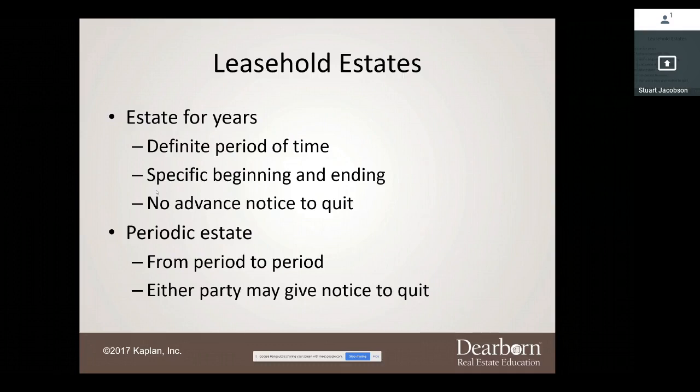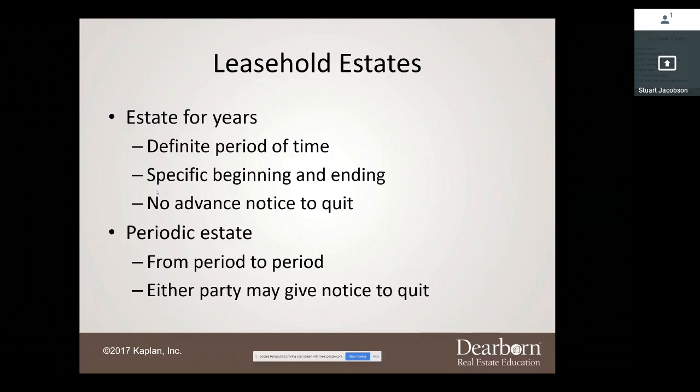Some people refer to the most common form of a periodic estate as a month-to-month lease, where it automatically renews after the 1 month, and it goes on in perpetuity. Periodic estates can be canceled by either party, either the lessor, the landlord, or the lessee, the tenant, can give notice to quit.